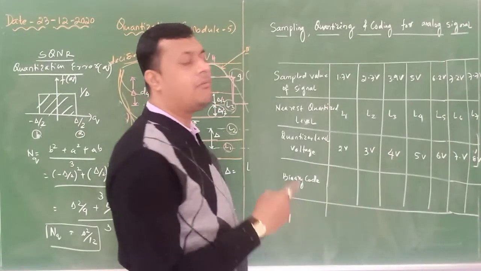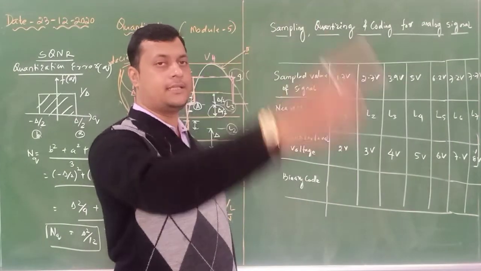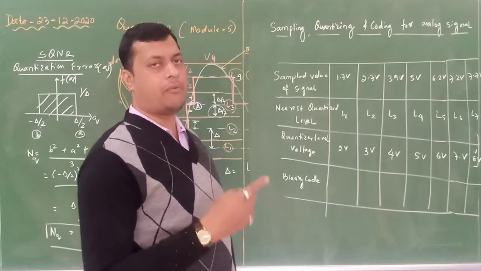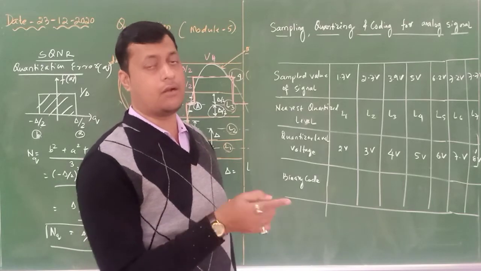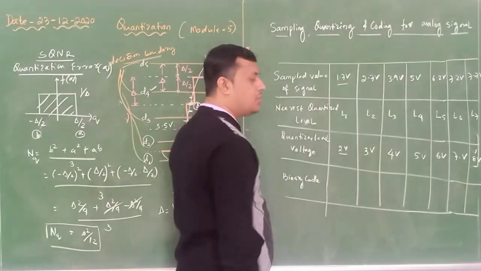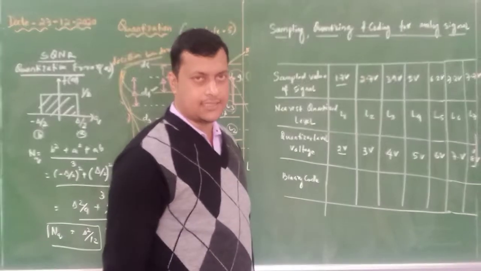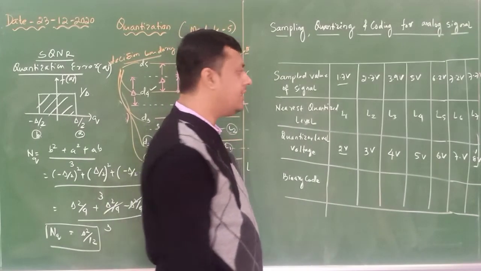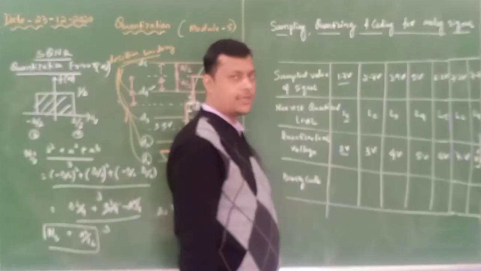If it is above 0.5, it will take the next value. If it is less than 0.5, it will take the lower value. So you can see 1.7 is rounded off to 2. So the quantization is done. But in which particular level does it fall? It falls in level 1.